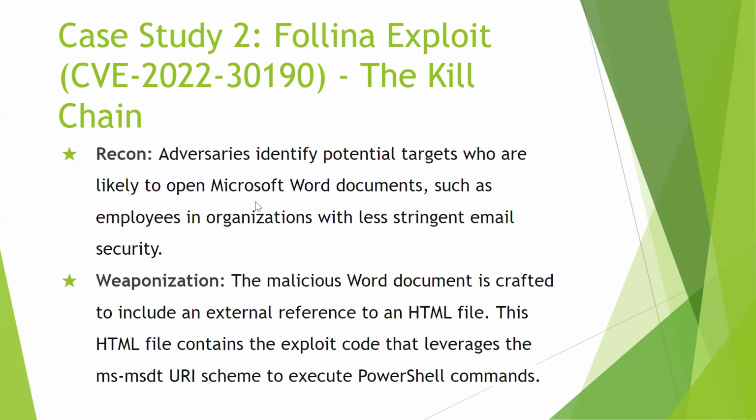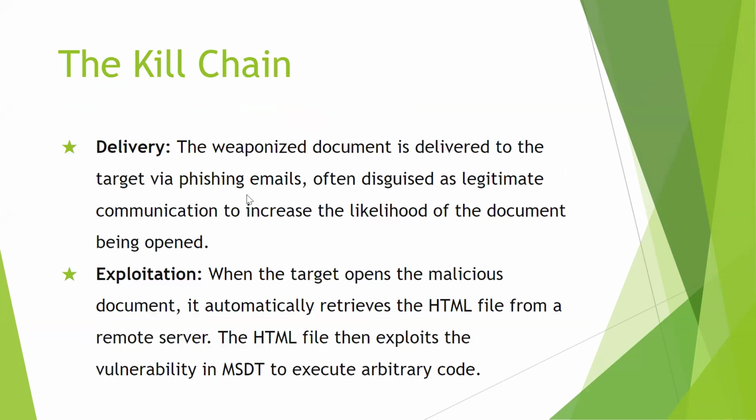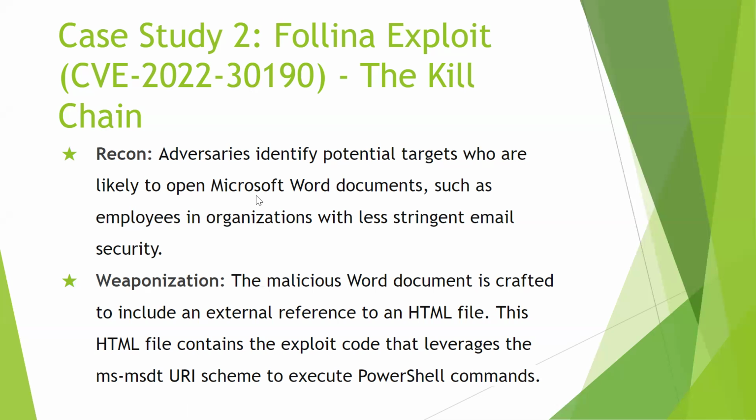Then for weaponization, the malicious Word document is crafted to include an external reference to maybe an HTML file. The HTML file is what is going to contain the exploit code that leverages the Microsoft Support Diagnostic Tool to execute PowerShell commands.